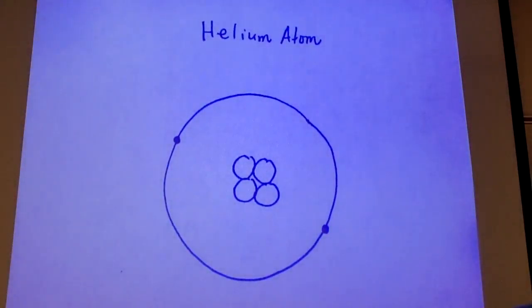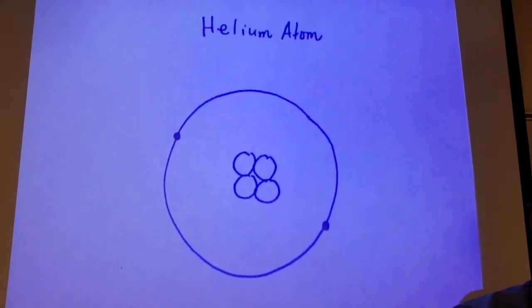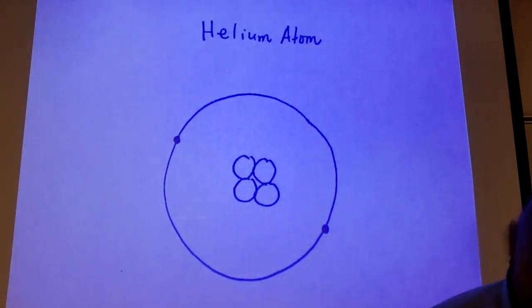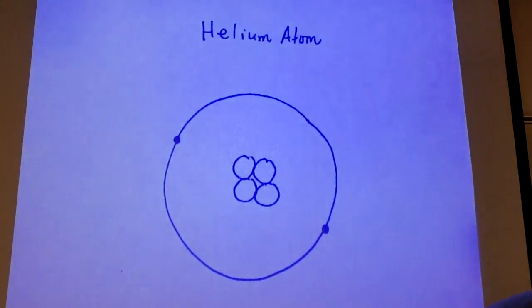And I've drawn helium because I know it has both protons and neutrons, instead of drawing hydrogen, which only has protons but no neutrons. All right, so if I were to ask you to label this atom, how would you do it?